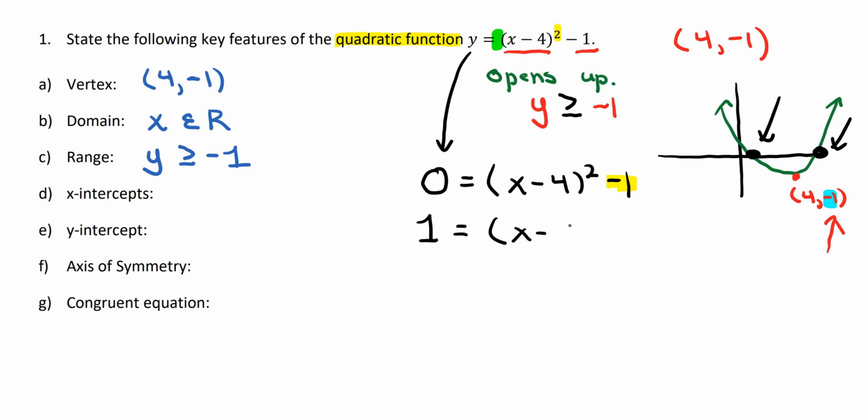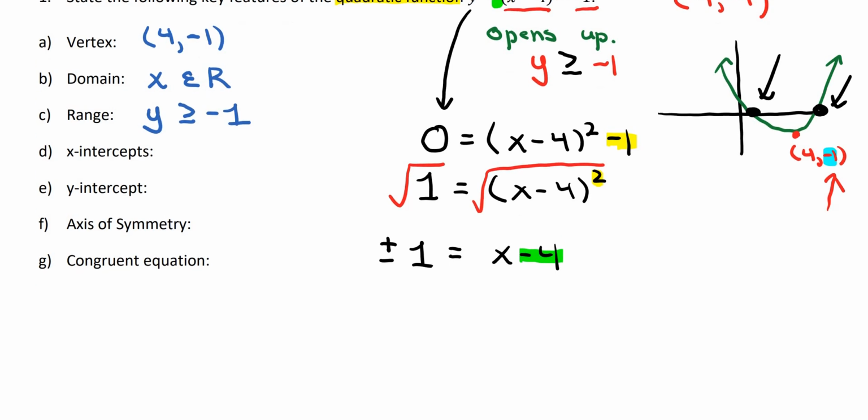And I have (x - 4)². If I want to get rid of this square, we take the square root of both sides. The square root of 1 is just 1, but it's actually plus or minus 1. Then we have x - 4 over here. From there, we take this -4 and bring it to the other side.